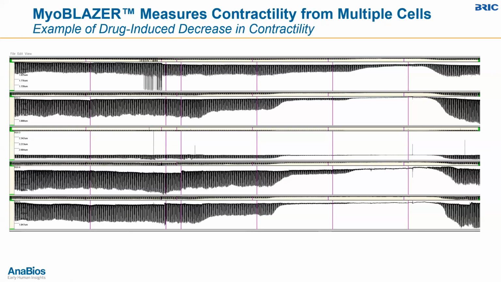This is an example with a compound that decreases contractility. It is the same design. We are recording here from 5 cells at the same time. We have good baseline stability, and then we tested the compound at 4 ascending concentrations. You can see the first concentration of the compound has no effect.